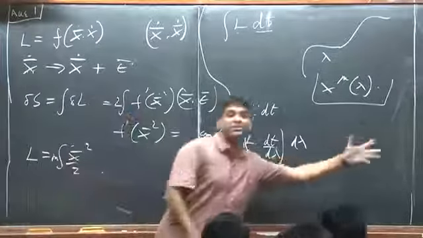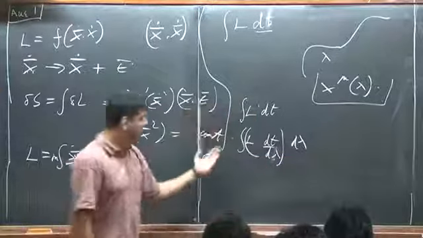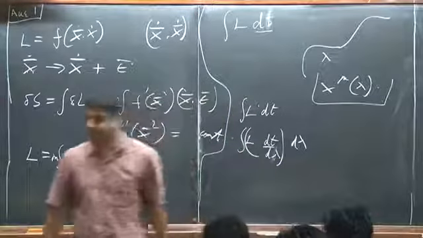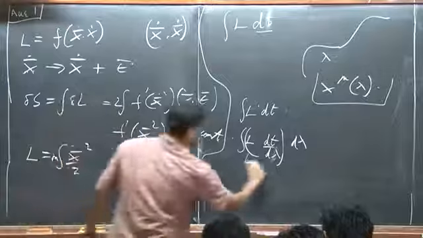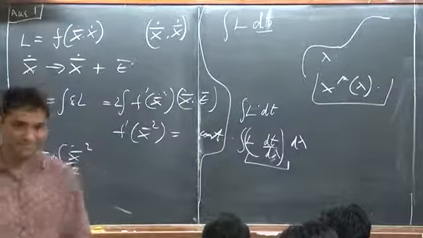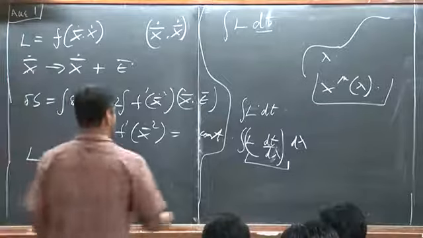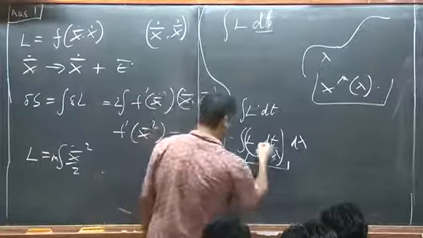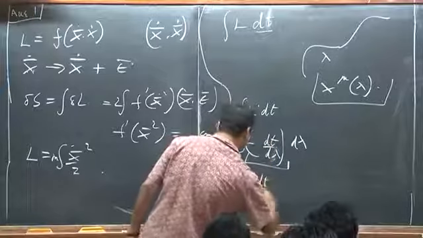Since this lambda has nothing to do with Lorentz transformations, the requirement of Lorentz invariance of this action is just the requirement that this object here is Lorentz invariant. Okay? So let me call this L tilde, which was L dt by d lambda.